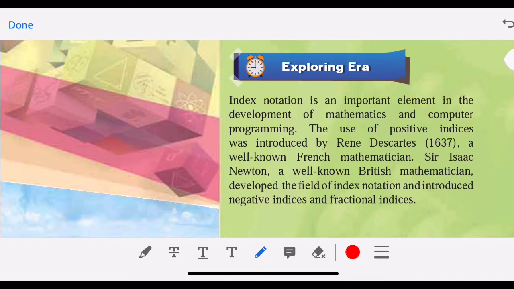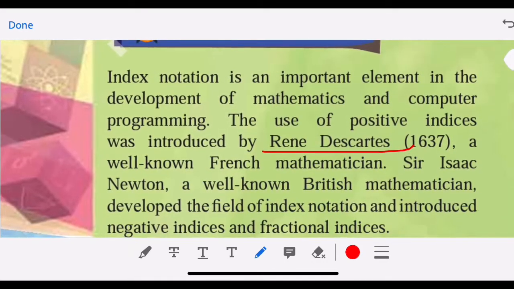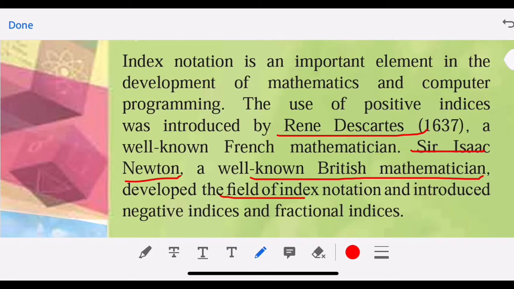The use of positive indices was introduced by René Descartes, 1637, a well-known French mathematician. Sir Isaac Newton, a well-known British mathematician, developed the field of index notation and introduced negative indices and fractional indices.